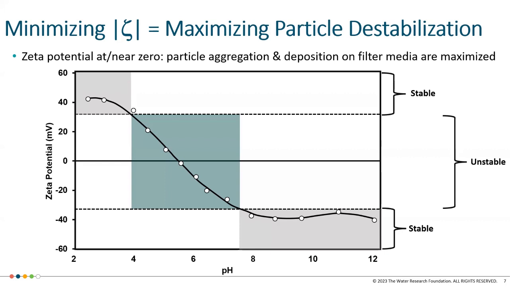While functional groups on particle surfaces contribute to particle charge, and we discussed that in module 2, their presence is not a prerequisite for charge formation. Even inert surfaces form negative surface charge due to preferential adsorption of hydroxide ions just from water.